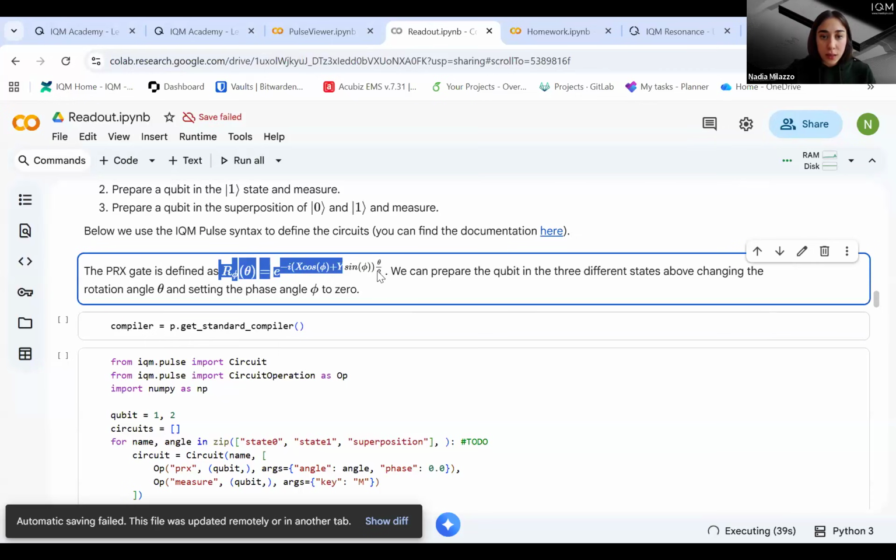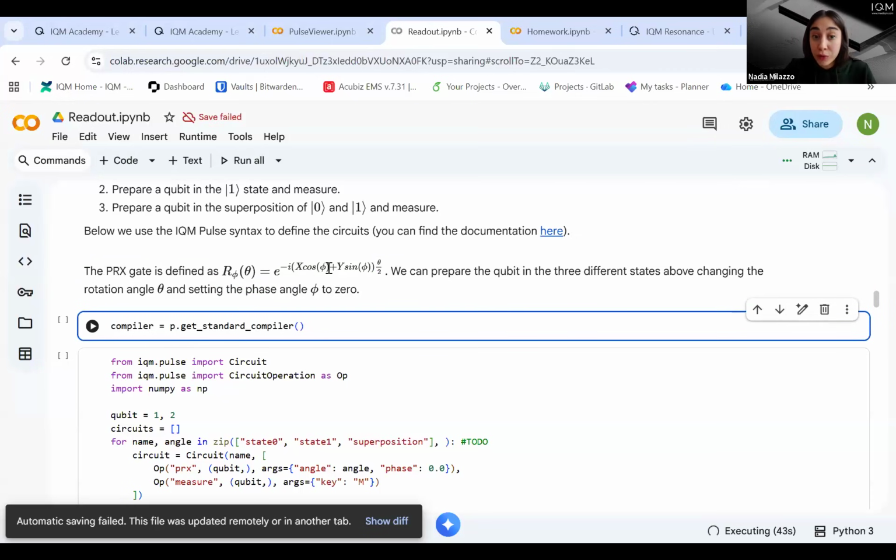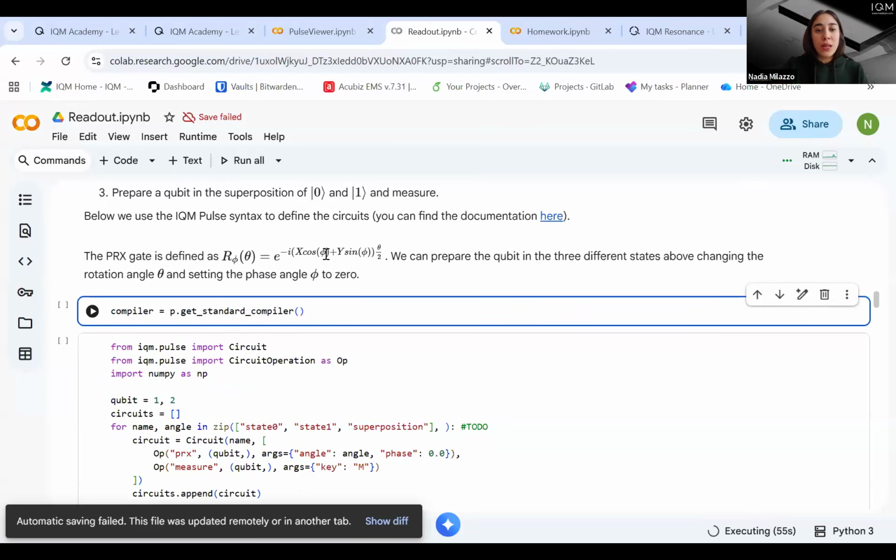And in this case, it's this expression here. You can find back this cosine of phi and sine of phi that we had in this Hamiltonian expression that, if you remember, we have seen before. And we will tune these angles phi and theta to achieve the state preparation that we want.